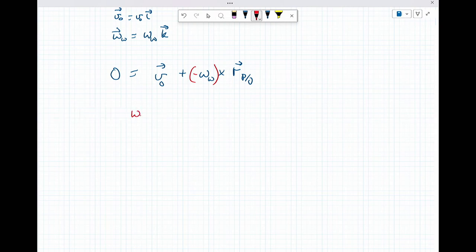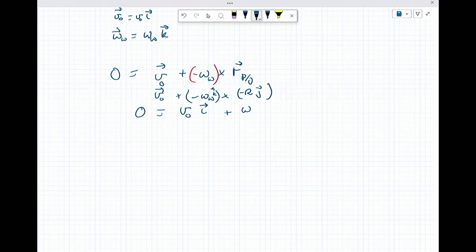And you end up with, maybe just do one more step. 0 equals V naught i plus omega wheel k crossed minus r j omega wheel k, r times i.